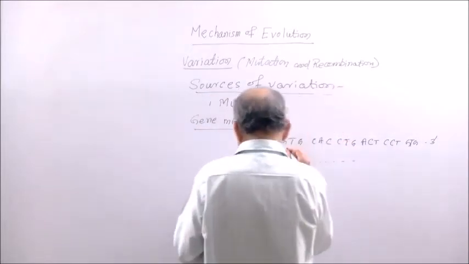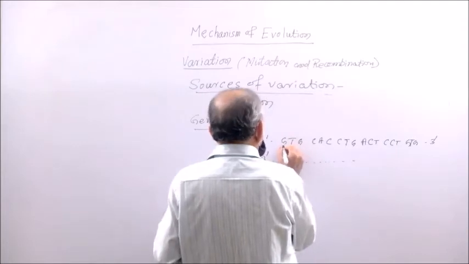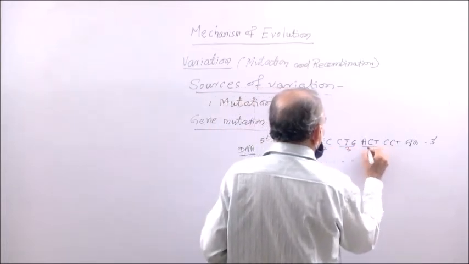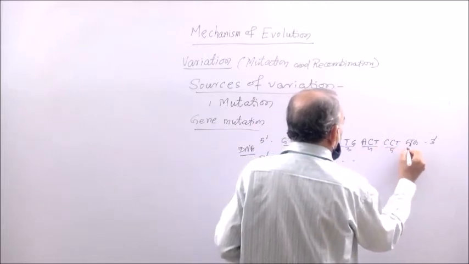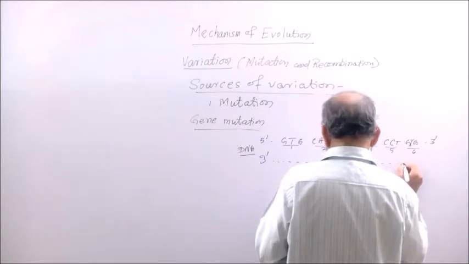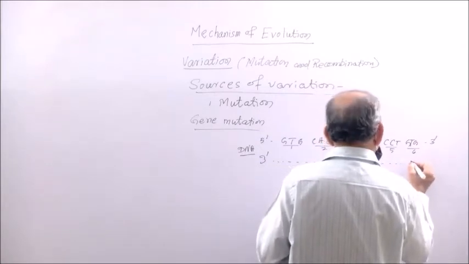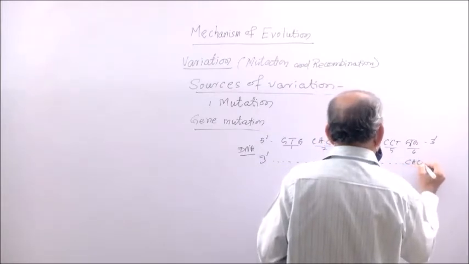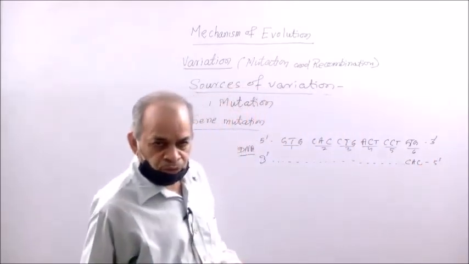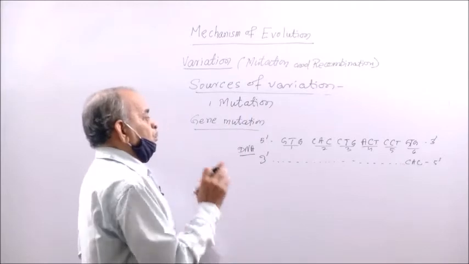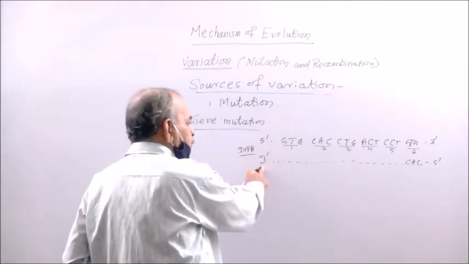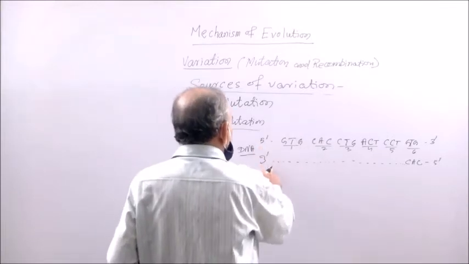Last one here, this is 1, 2, 3, 4, 5, 6. The sixth one we will consider here, CAC. This is the 5' end because of the two nucleotide chains, one chain is 5' and the other is 3' end.